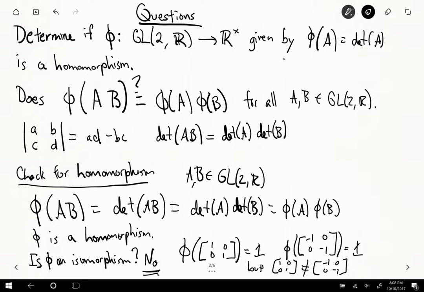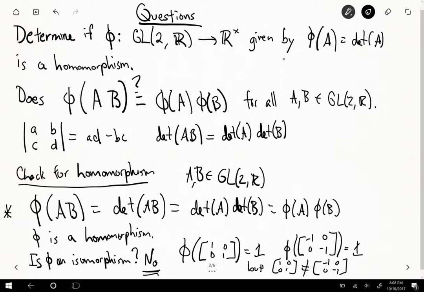Keep in mind this isn't a formal write-up, you're just seeing some sketch work here. If you wanted a formal write-up, I'd star this line here. On this starred line, I'd have some build-up. I'd say let A and B be elements of GL2R, and then I'd write the word then.